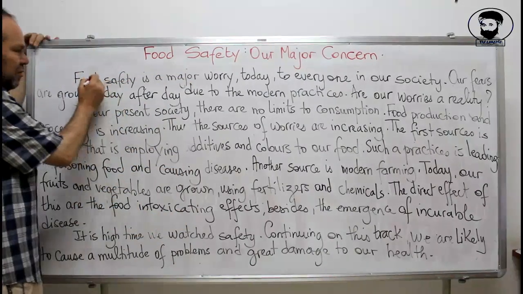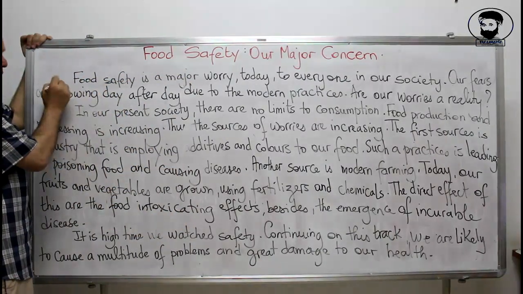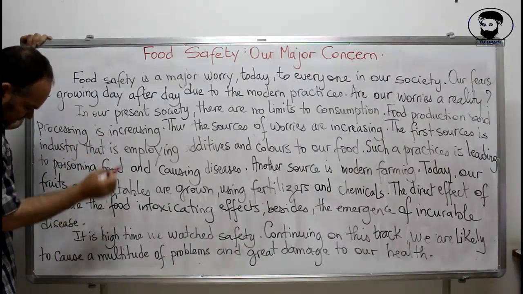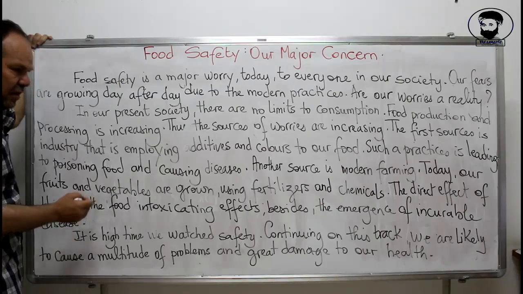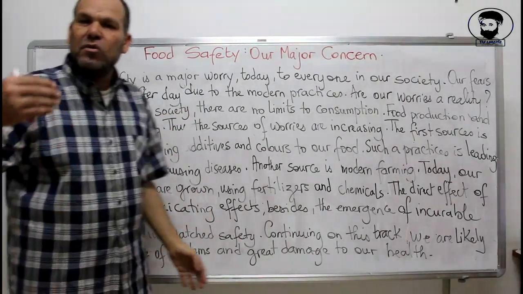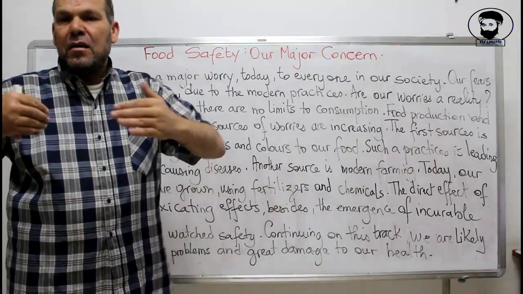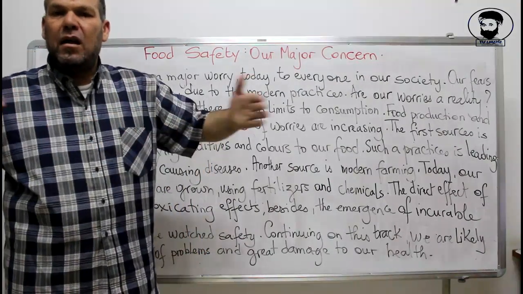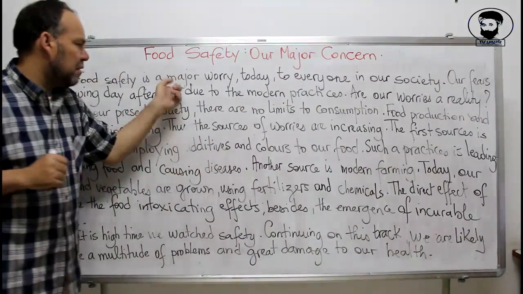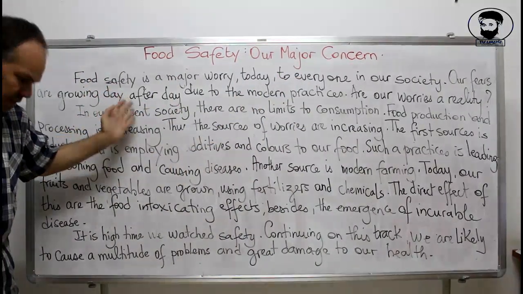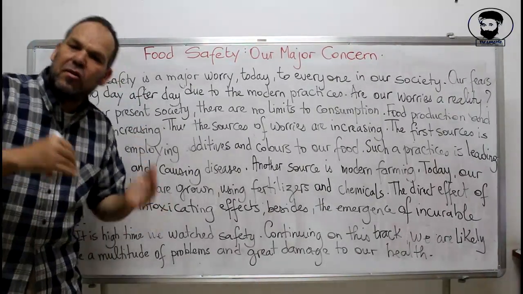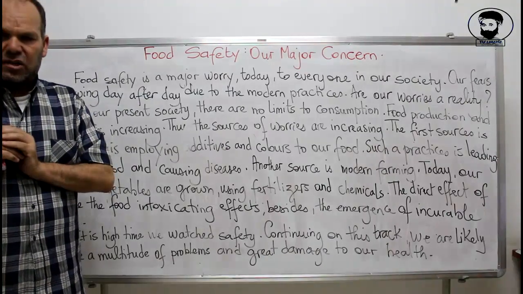Look, here we've got 2 lines for the introduction, but we've got 6 lines for the development. Remember, I told you that the development should be 3 times or 4 times larger or more extensive than the introduction. And I told you also that the conclusion is more or less like the introduction or less than the introduction.